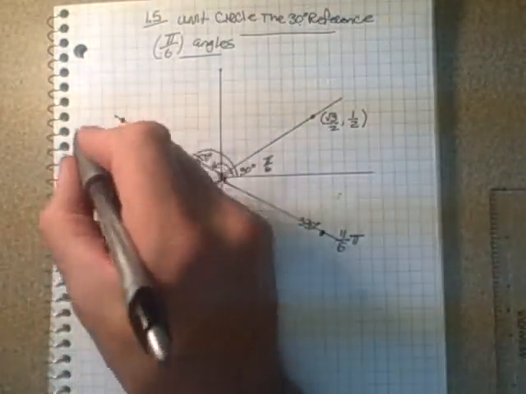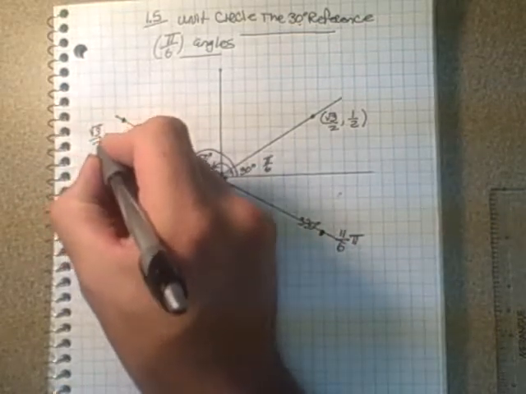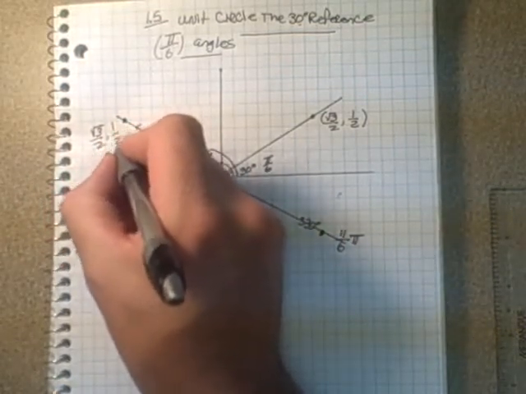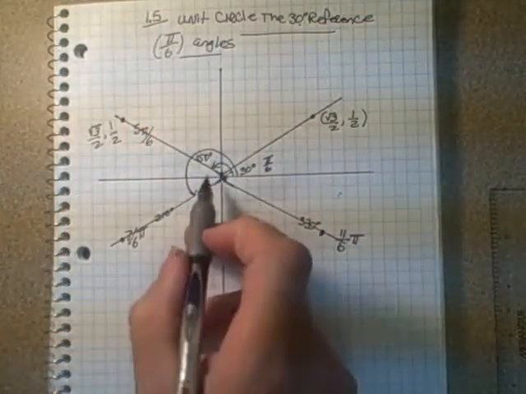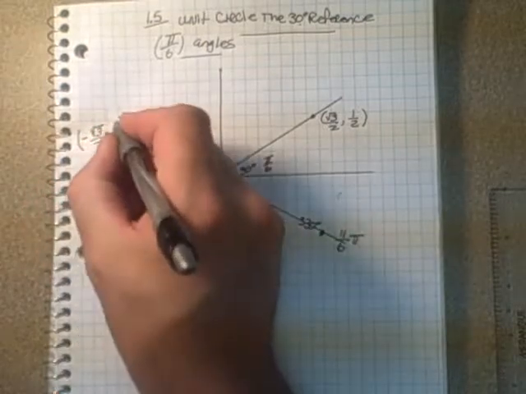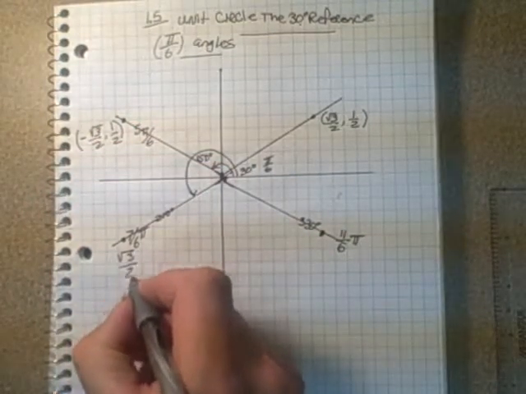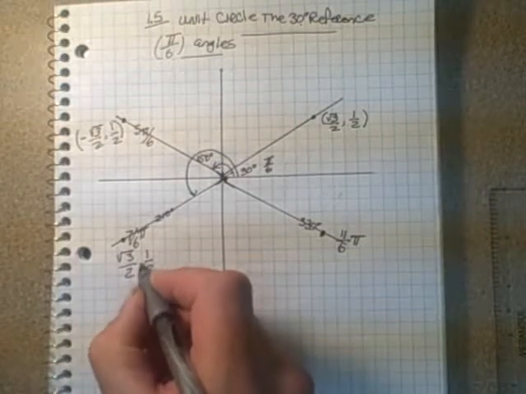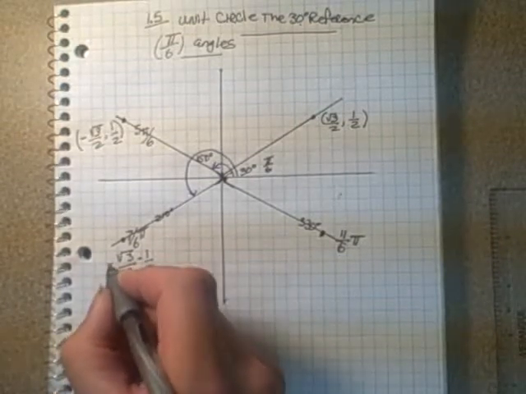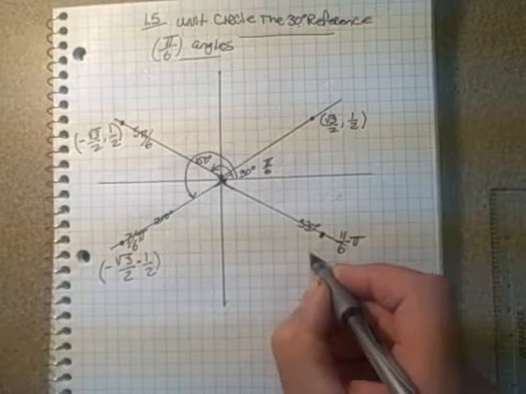Do the same here. It's always going to be the same numbers, root 3 over 2 and 1/2, except the signs will change depending on the quadrant. Here we have the x point being negative, so this has to be negative. Here we have the same thing, except we know that the x and the y point are negative in this case, so we put negatives in front. And again here for this one.